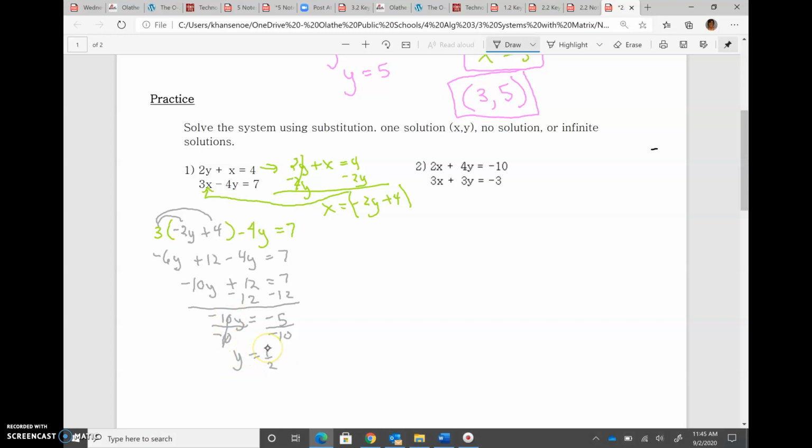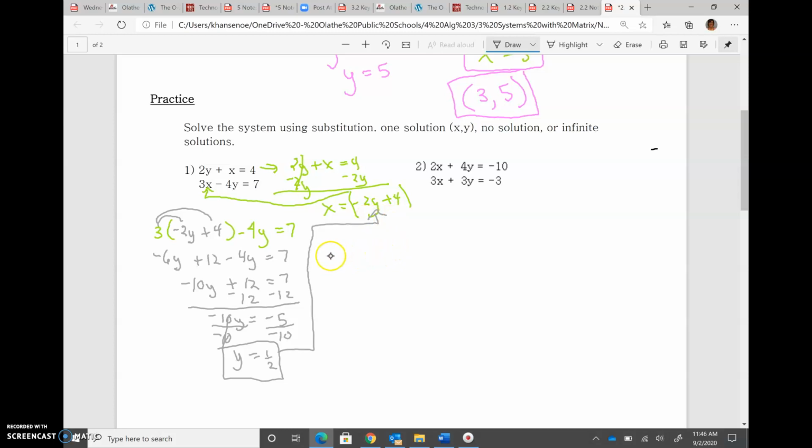And I know some of you right now are like, oh my God, I'm going to have to plug in a fraction. You're right, you are. Okay, but you can use your calculator. So what I do is I take what I found right here and I'm going to plug it in right here.